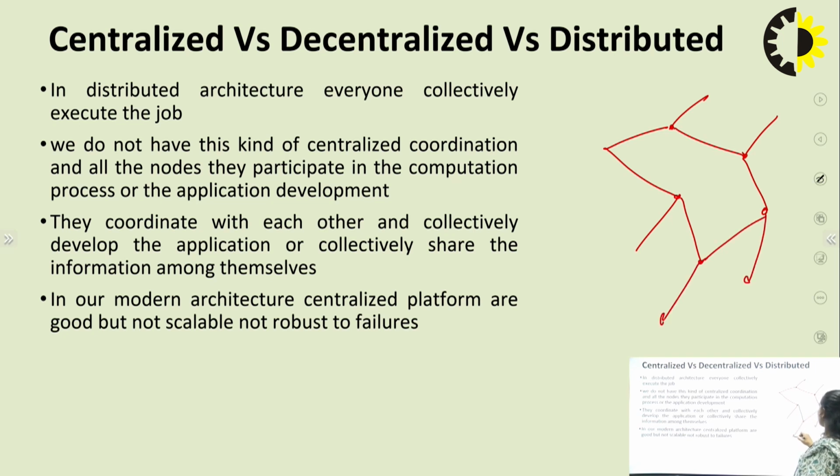So this is coordinator 1, coordinator 2, coordinator 3, coordinator 4, coordinator 5, coordinator 6, coordinator 7. Everyone is a single point. We don't have anything centralized because we do not have a single point coordinator. All the nodes are participating, and they coordinate with each other and collaboratively deliver.